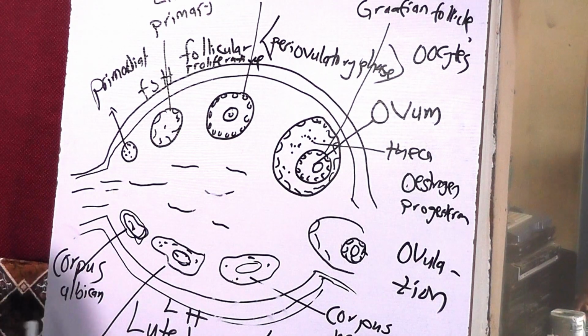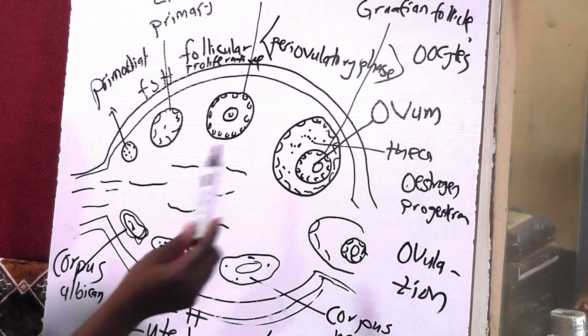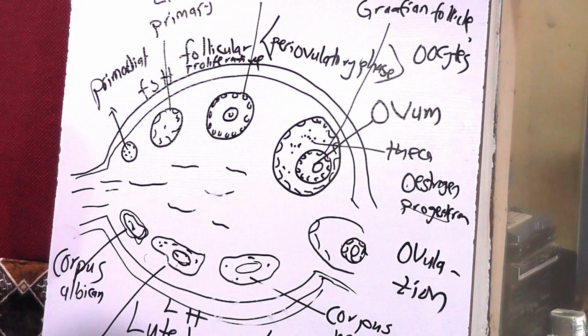The most important thing to understand in the luteal phase is that there is production of progesterone by the corpus luteum, and this progesterone maintains the thickness of the endometrium of the uterus for pregnancy.